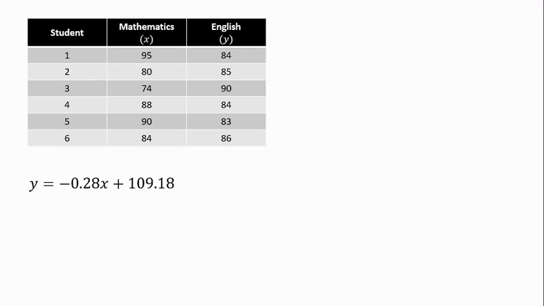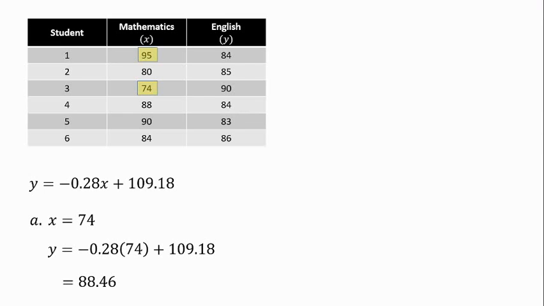But how do we show this on the scatter plot? There are many ways to do it, and one of them is to look for the smallest and the highest values of x, which are 74 and 95 respectively, and plug them into the equation. So when x equals 74, y equals 88.46, and so we have this point.